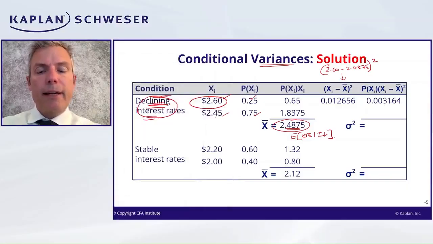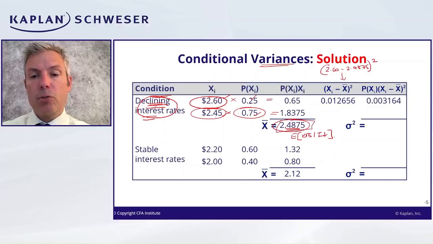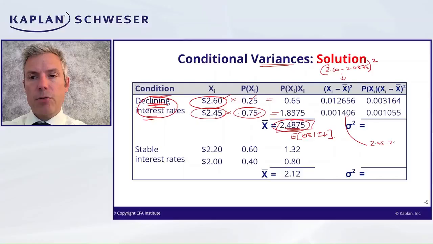Do the same when we're thinking about the other EPS we could have with a 0.75 chance when interest rates decline. Probability weighting, just multiplying those two things together, gives us this, which goes into the conditional expected EPS. But once again, the squared deviation, this must be 2.45 minus 2.4875 squared, and this here must be multiplying that by the probability of 0.75.